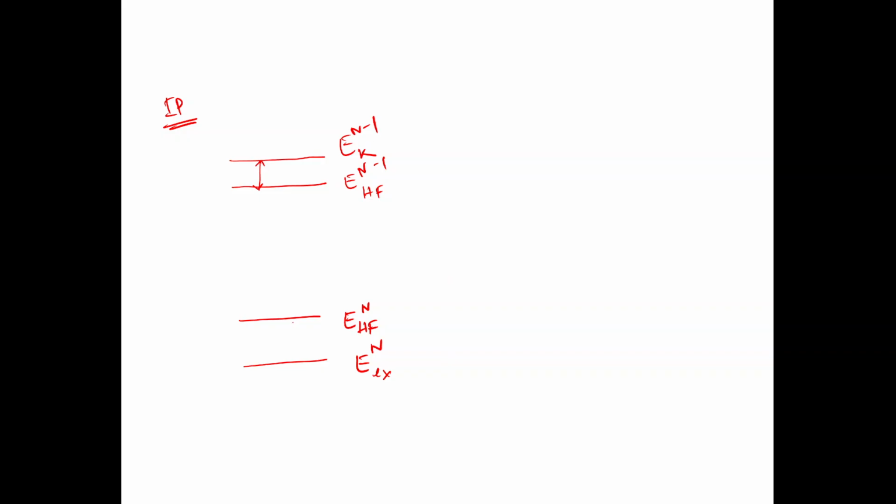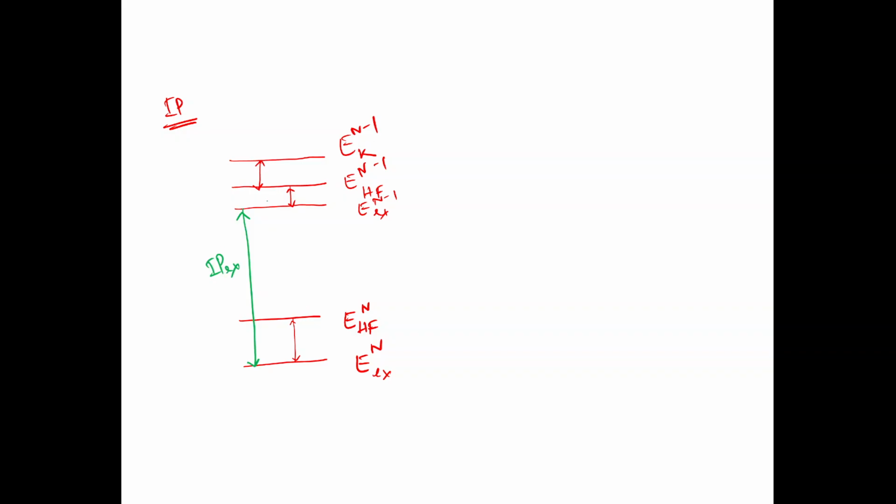So whatever the difference here for the n electrons is called the correlation energy, and it will be lesser for the n minus 1 electrons. So this is your E exact for n minus 1, and this is your correlation energy, right? Now, what is the exact IP? Exact IP is the difference between these two states. So this is your IP exact, right?